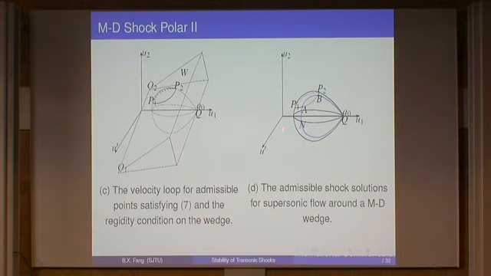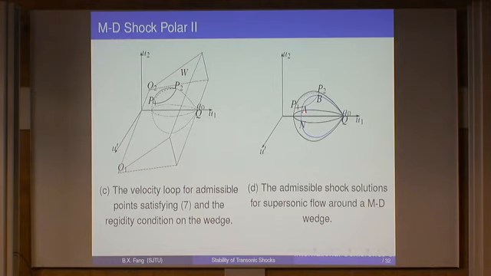But it's also possible that we have intersections of these two loops, and in general we will have two intersections. These two intersections mean that we have two shock solutions to our wedge problem.